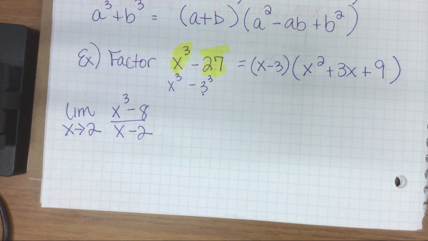What's the problem? Try the cheat. So what's the problem with the cheat? 0 on the bottom. Okay, so this is why I did this. Can you try factoring the top and seeing if you can get it to cancel? Try it in a minute.